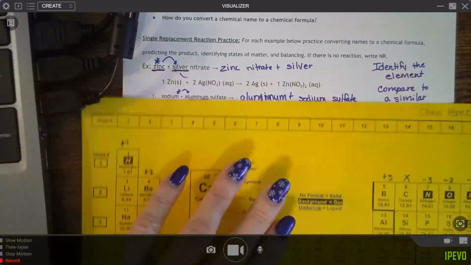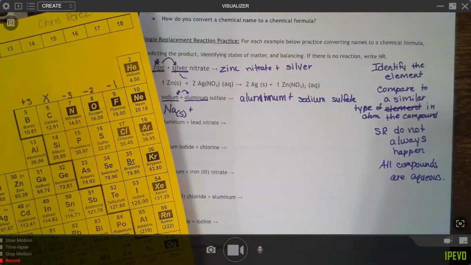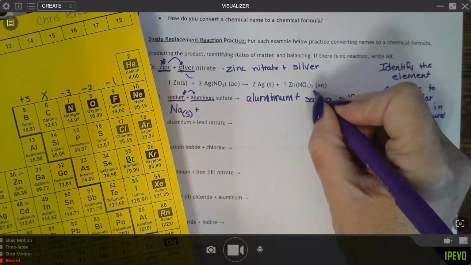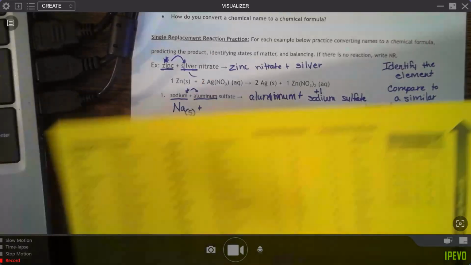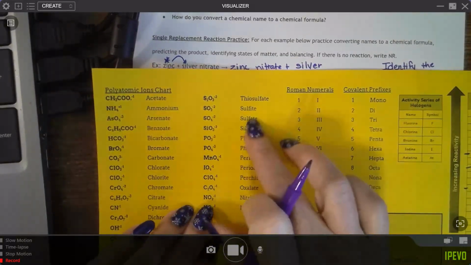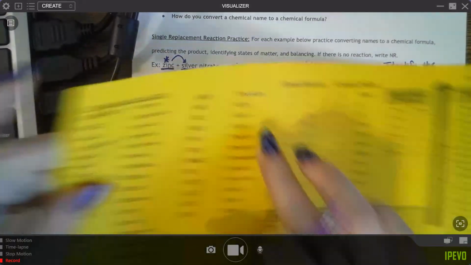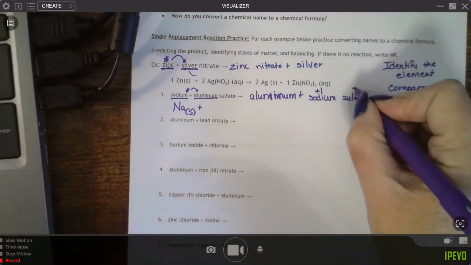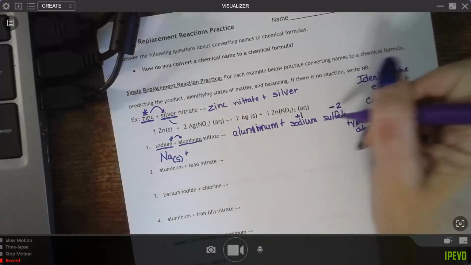Okay, so if I'm comparing, sodium has a +1 charge. So I'm going to write that right here. Sodium has a +1 charge. And then sulfate, remember sulfate, we have to look back here. Sulfate is SO4 with a -2 charge. So -2. All right, so if I crisscross my charges, I jumped the gun.